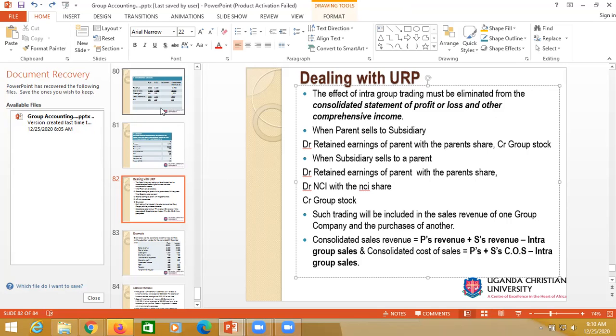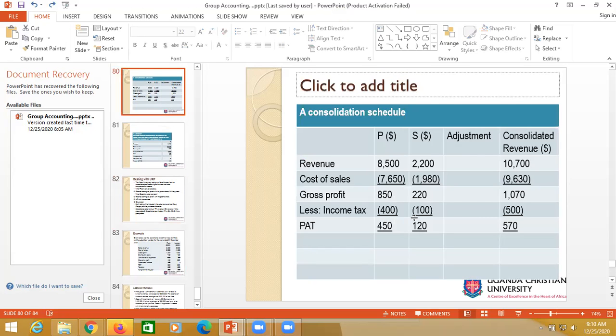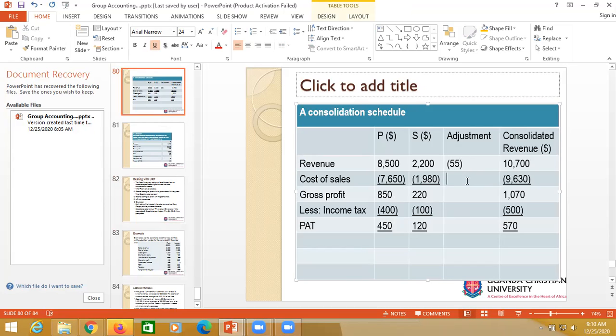For example, let's go to the small example we did. Assuming there were sales from P to S, we would come here and minus those sales.